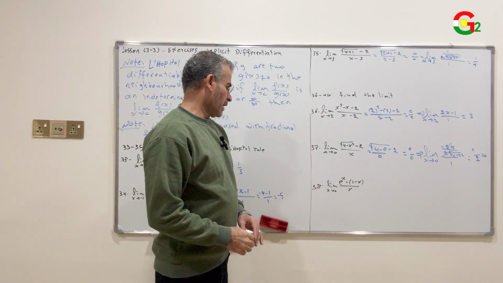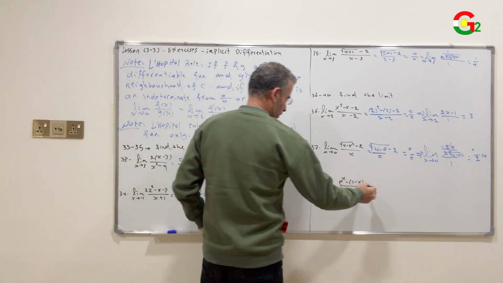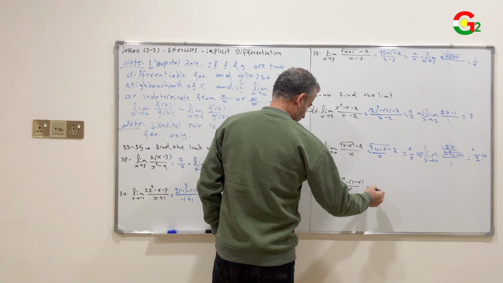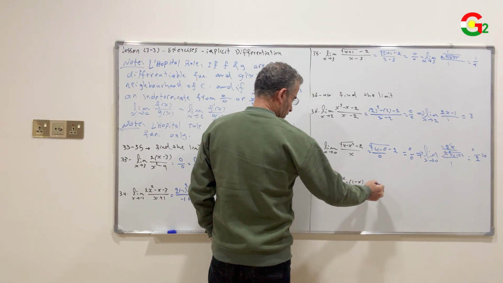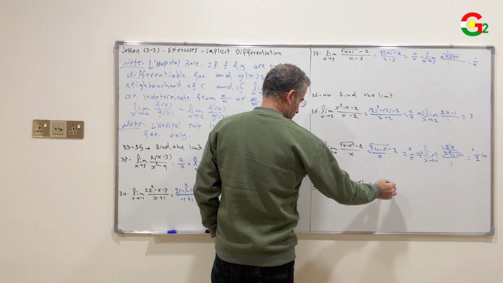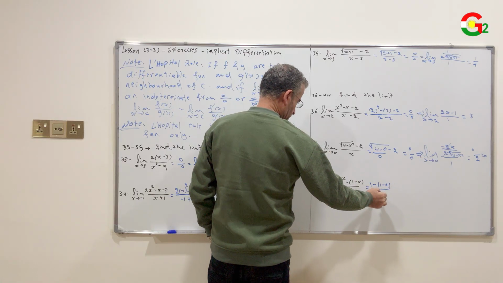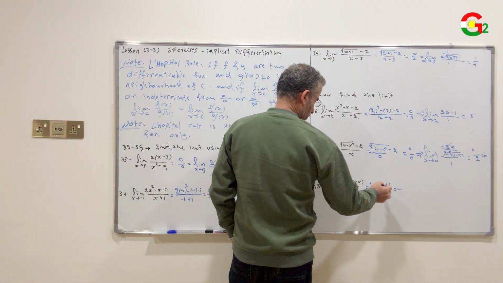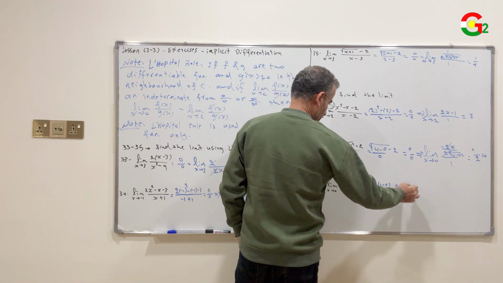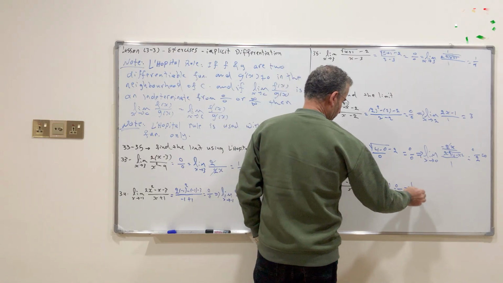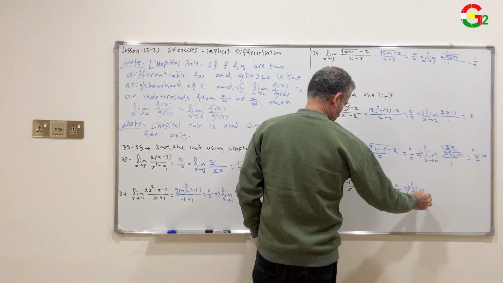Question number 38. Substitute directly every x with 0: e to the 0, 1, minus 1 minus 0 over 0 equals 1 minus 0, 1, 1 minus 1, 0 over 0. Differentiate both numerator and denominator.